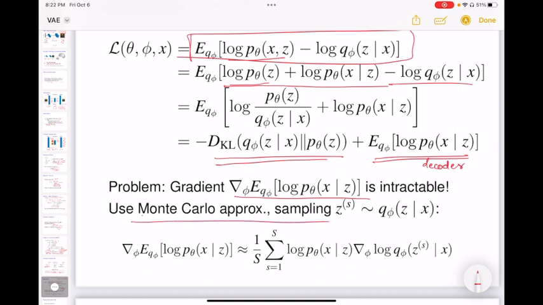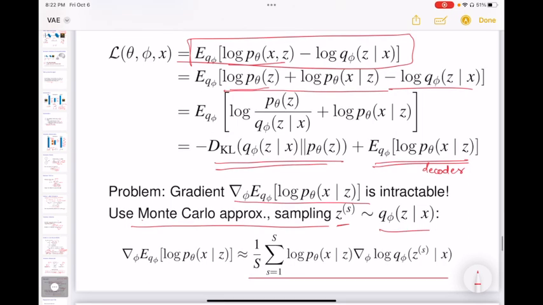This approximation is done by sampling different values of z from the distribution of z. Instead of computing it in general, we compute it by sampling. We sample a bunch of z's from this distribution that we know, and then we compute all of these values individually, and the average value over the sampled latent codes is what the gradient term is estimated to be.